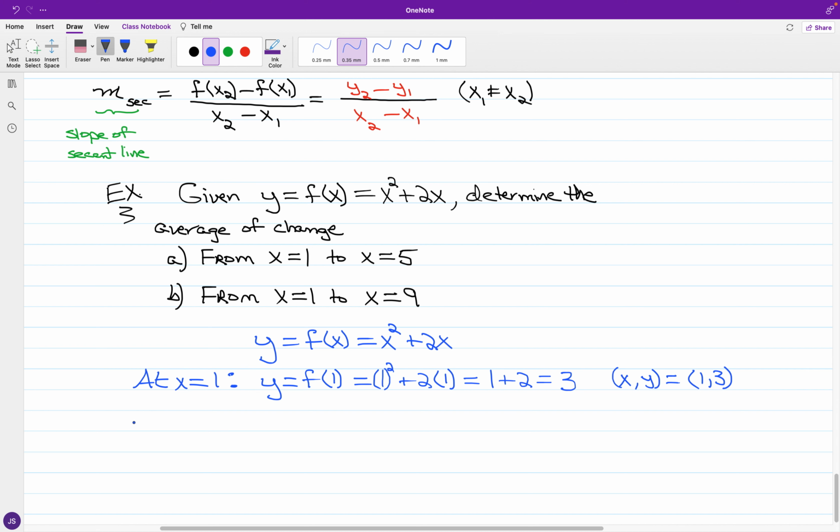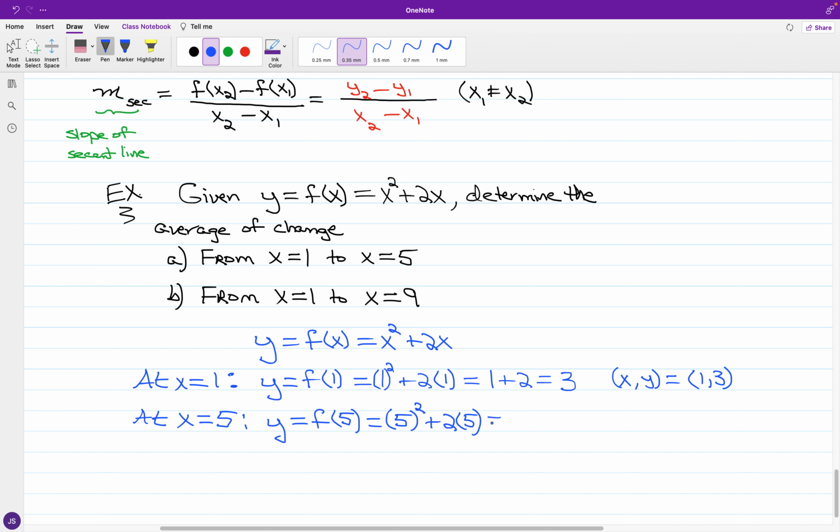Now looking at what the corresponding y value is going to be whenever x is at 5. Substituting accordingly, x squared plus 2x is now going to be 5 squared plus 2 times 5.